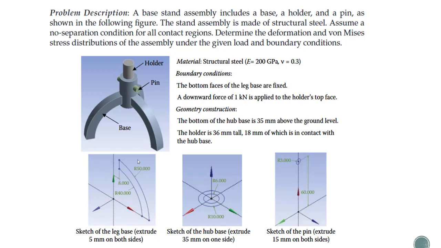So first of all, we will start by modeling the leg of the base, and then we will create this hub of the base, and finally we will create the sketch and the holder inside Design Modeler.